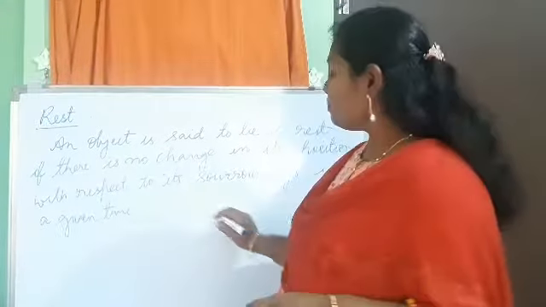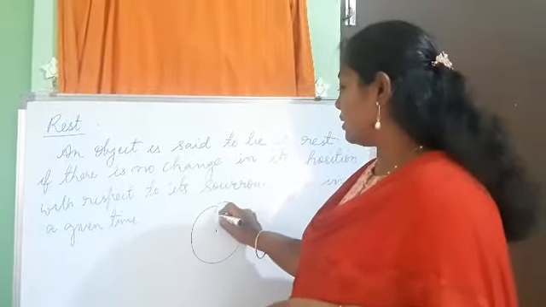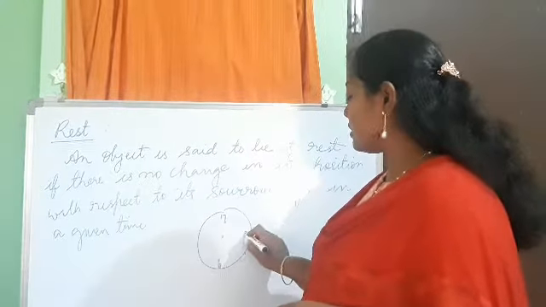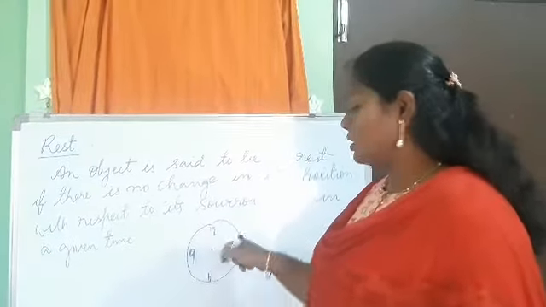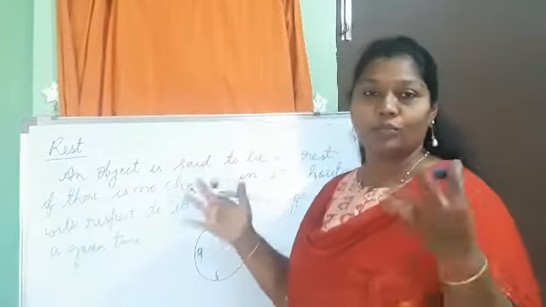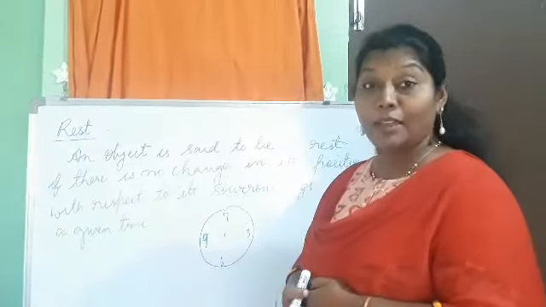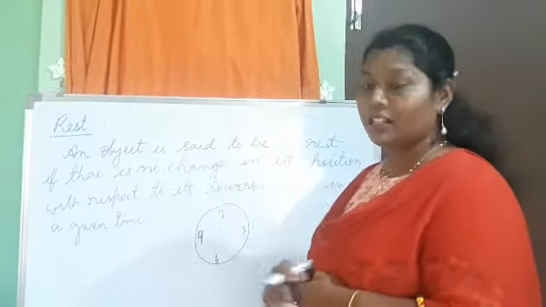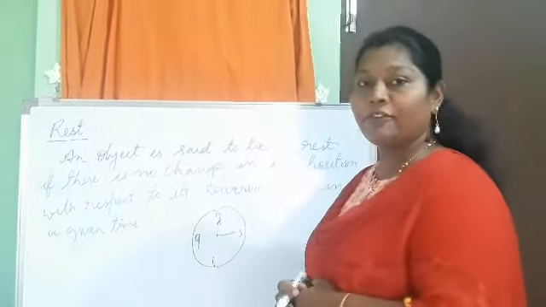So children, I'll give you an example. See, a wall clock is there. What does this wall clock do? It is simply sitting on the wall. It doesn't show any movement. Yes, but it will show time by moving its fingers. See, now it is 12:15.